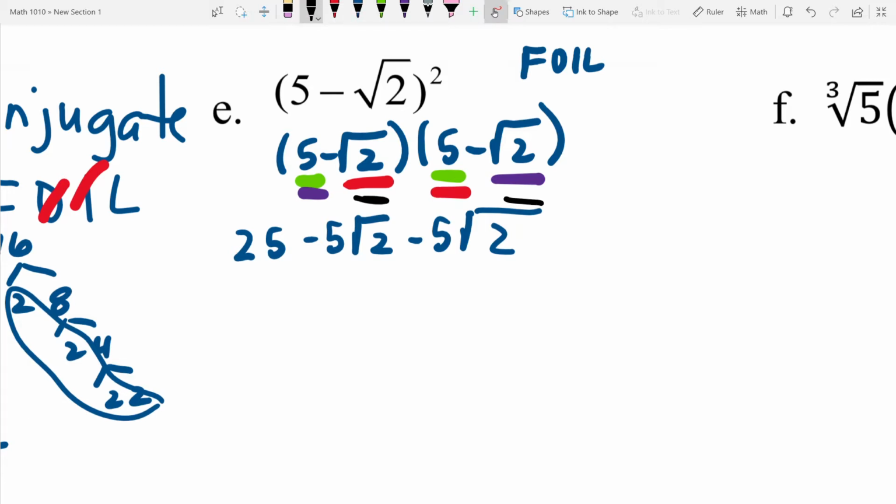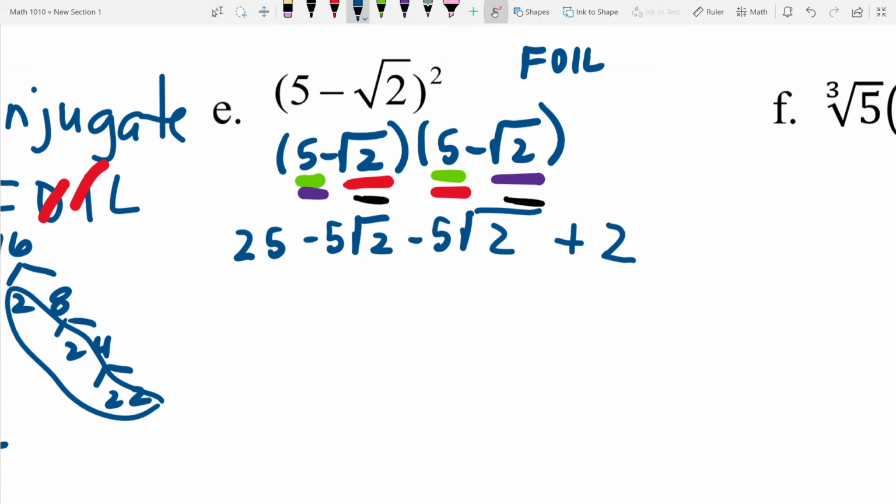Negative square root of 2 times negative square root of 2. Negative times a negative is a positive. Every person in the room, what's the square root of 2 times the square root of 2? It's not 4. It is not 4. It's the square root of 4. And what's the square root of 4? 2. So that is a 2.